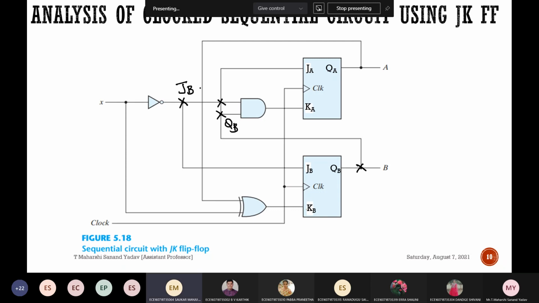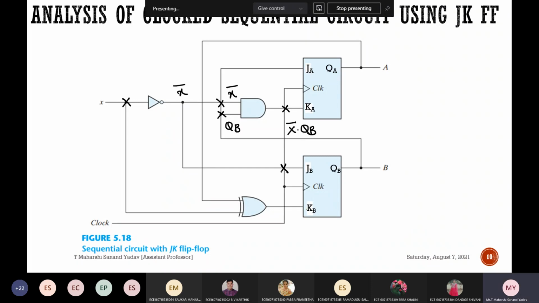Should I consider JB or the input X? Be careful with this kind of diagram. X, after passing through the NOT gate, becomes X bar. So this point is connected to X bar, and this one is connected to QB. So the answer for KA is X bar into QB.